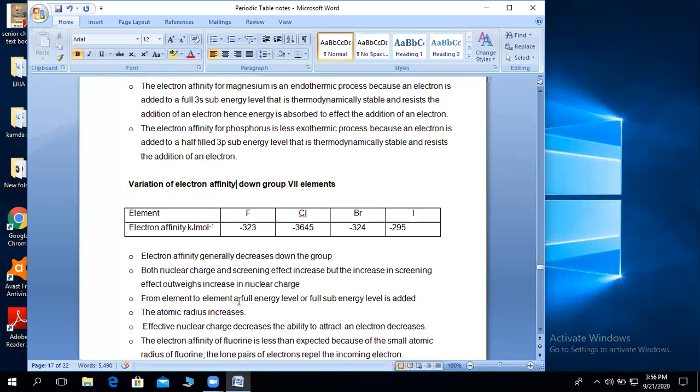So from element to element, a full energy level or sub-energy level is added. So when it is added, the atomic radius increases.